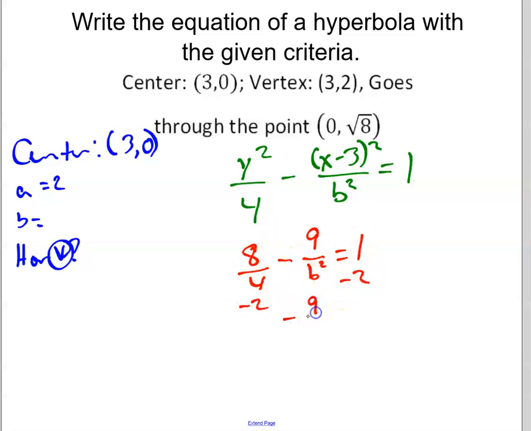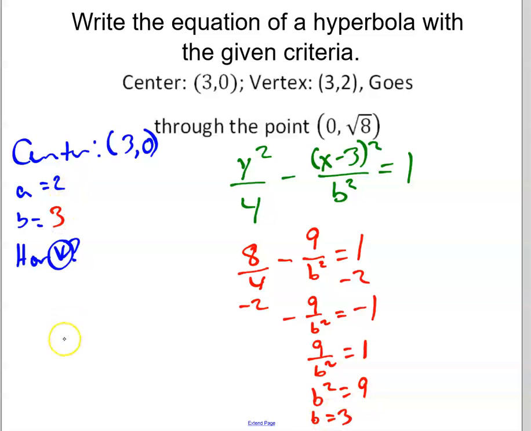That's going to give me negative 9 over b squared equals negative 1. So 9 over b squared equals positive 1, because I divided both sides. So the only way for 9 over something to equal 1 is if that something also equals 9. So b squared has to equal 9, so b equals 3.